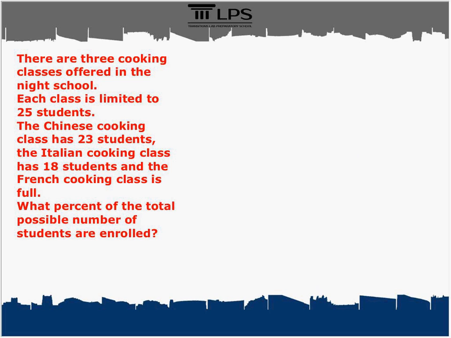Classes offered in night school are limited to 25 students. So we can take the total number of students as 25. One class has 23 students. Another has 18 students. And French cooking is full, which means the French cooking class has got 25 students already. What is the possible number of students enrolled?